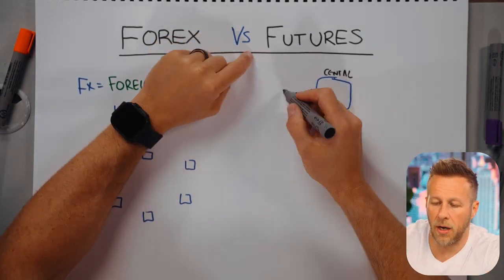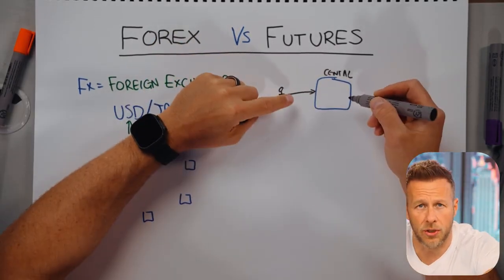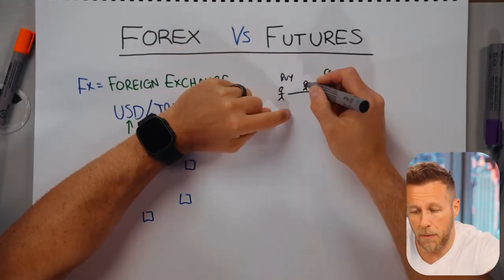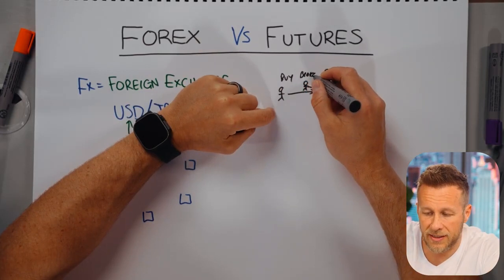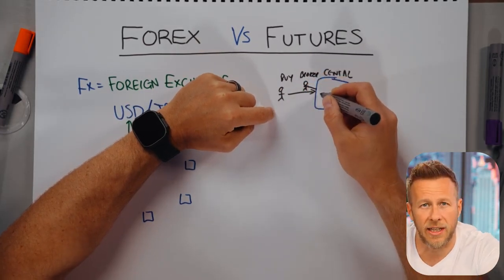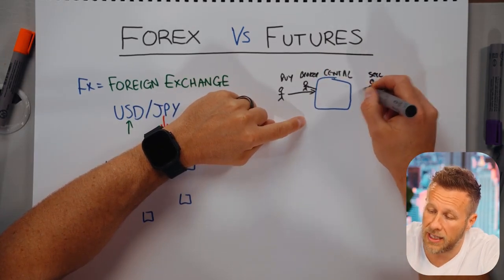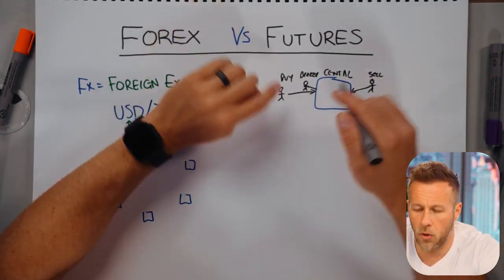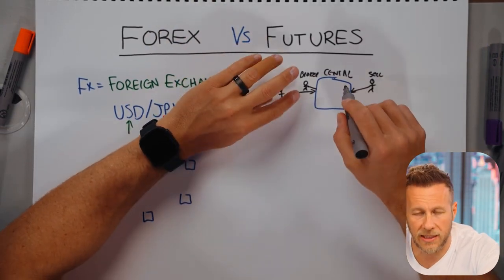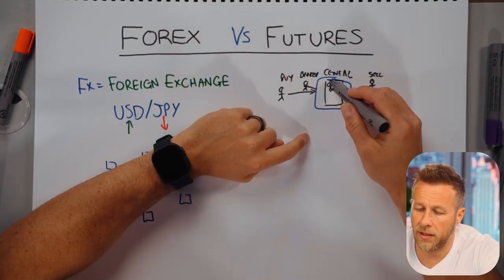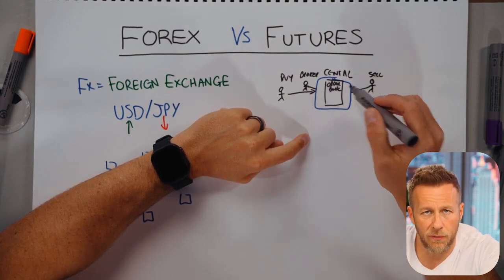So if I want to buy a futures contract, I click buy. My broker then sends that order to that exchange and matches me with someone who wants to sell at that price. And it all happens in one place, one order book, one official record of volume and price.